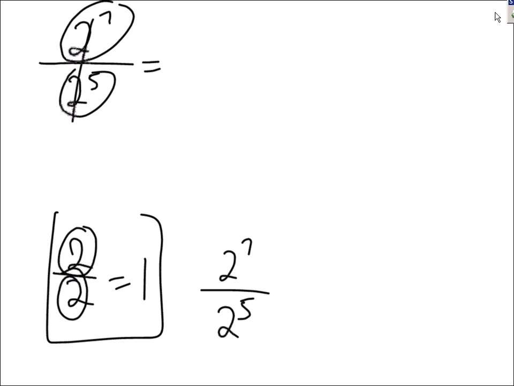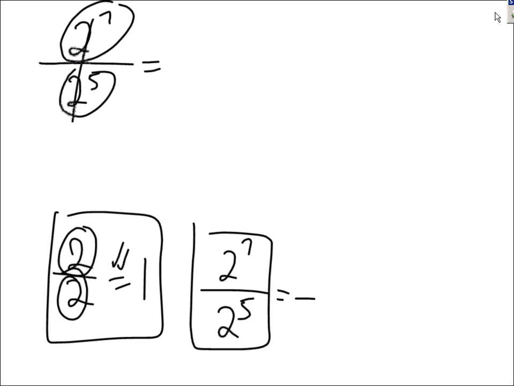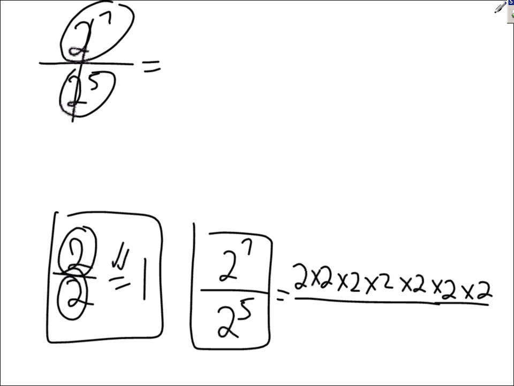Absolutely, 2 over 2 is 1. But over here, we don't have 2 over 2. In fact, the top is 2 times 2, 7 times. The bottom is 2 times 2, 5 times.